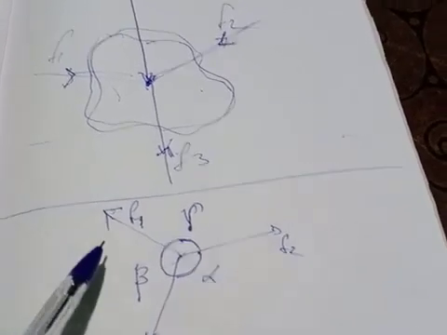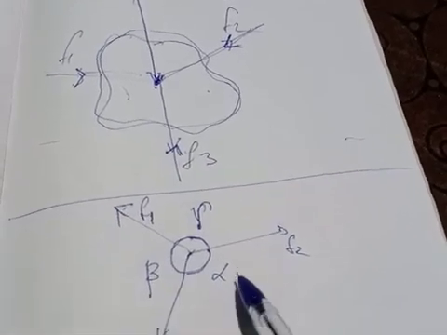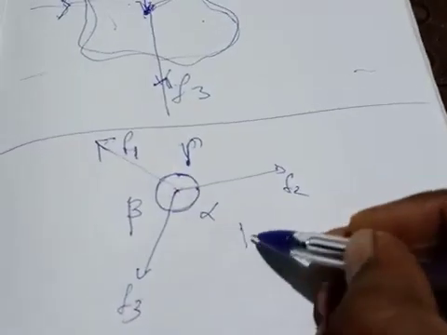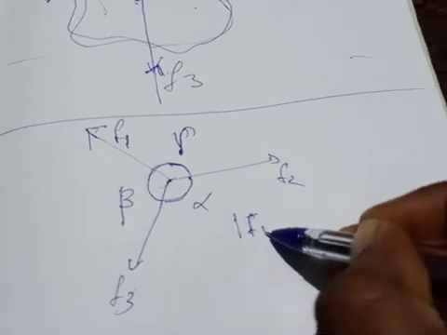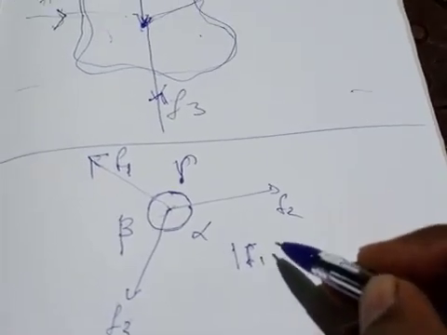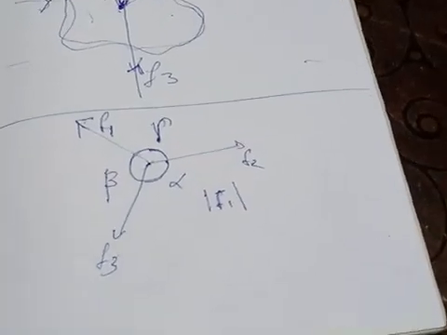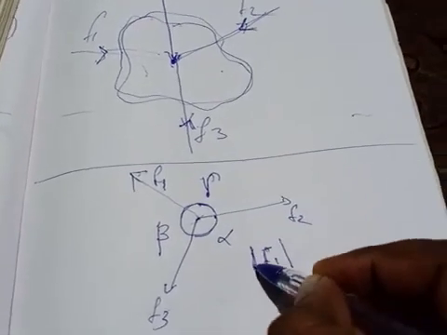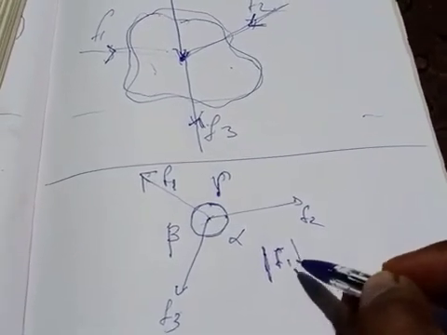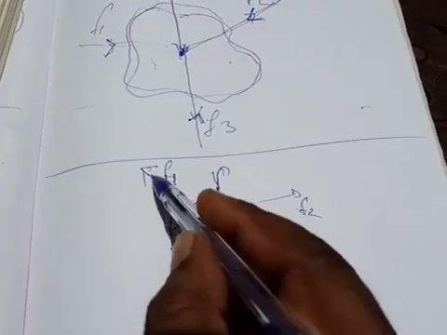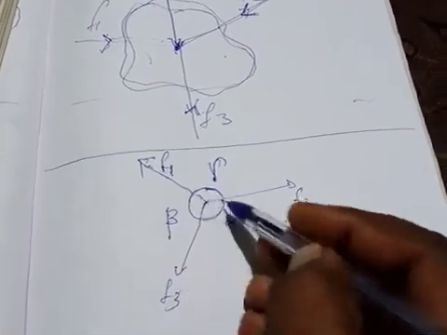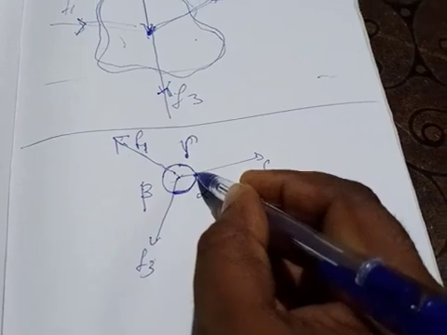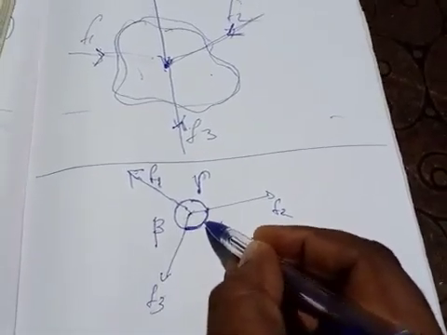The magnitude of each force, here you can see F1 is a force, F2 is a force. So the magnitude of each force of the system, for example the magnitude of F1, is proportional to the sine of the angle between the other two forces. If you are taking this F1 force, the magnitude of F1 is proportional to the sine of the angle between the other two forces.